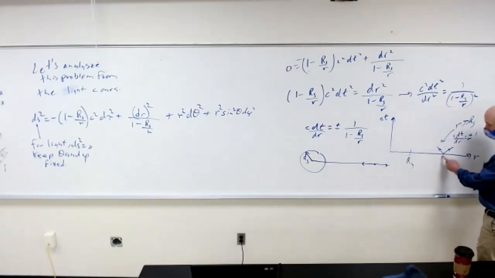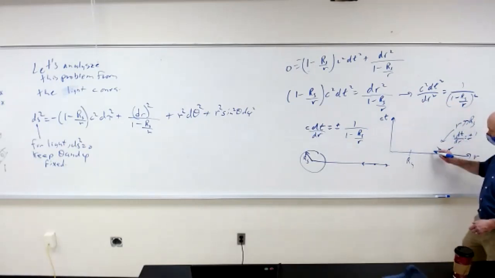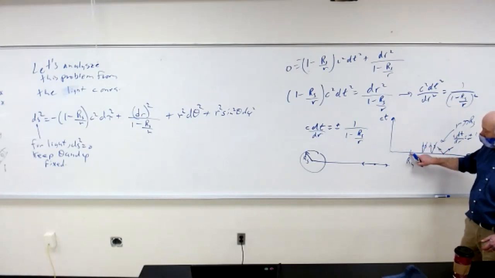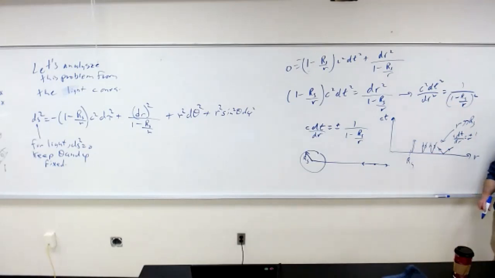As you go closer and closer, this light cone actually starts closing up more. It goes like this. Then if you get really, really close here, how does it look? You basically have almost two vertical lines here.